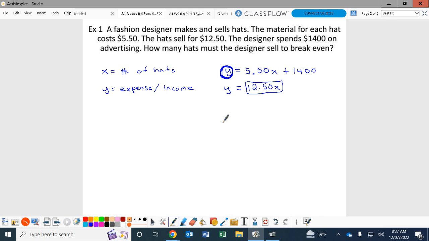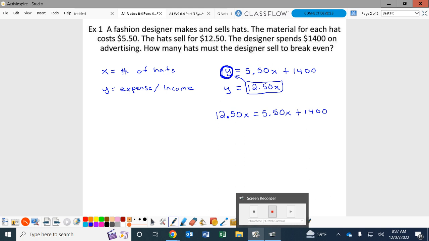I'm going to set 12.50x, that's what I'm plugging in where the Y is. All I'm doing, guys, is putting it right there. And I'm putting the rest of the equation, which is equals 5.50x plus 1,400. Do y'all see that every time it's going to be that same thing where all you do is set them equal to each other? You're canceling out the Y. That's what you do every time on these. Every time.